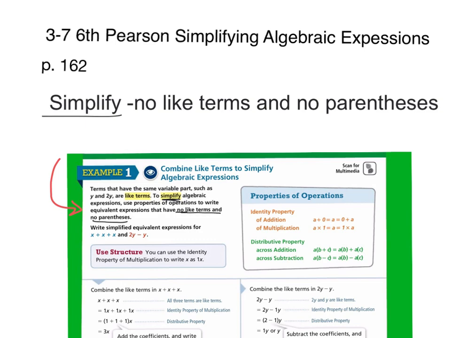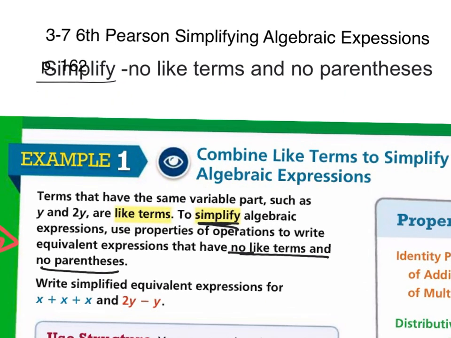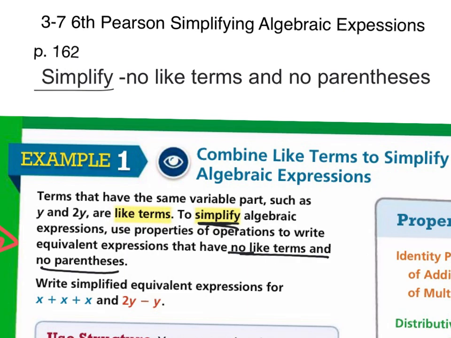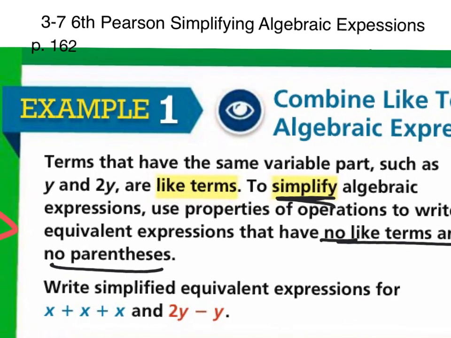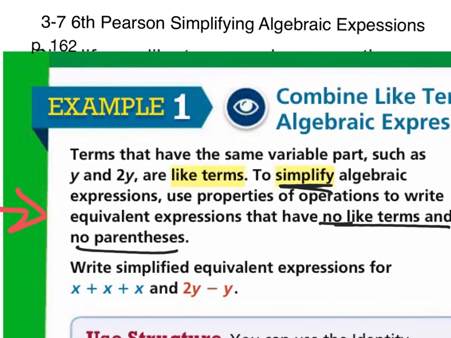So if you look at example 1, we talked about this a little bit in the previous lesson. They're talking about here terms that have the same variable part, like y and 2y, are called like terms. Also, we've talked about if you have just plain numbers like 5 and 3, those would also be like terms.